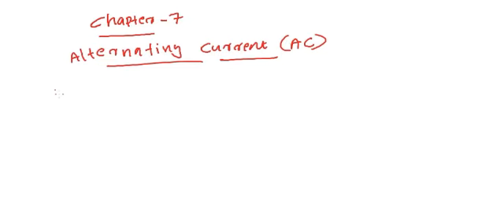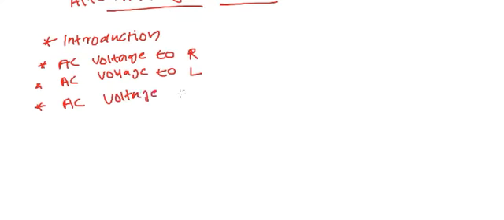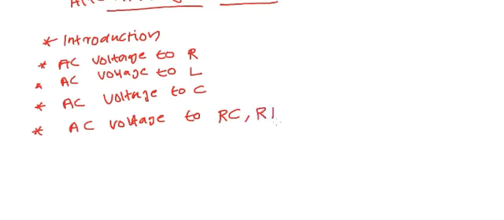In this chapter, first we are going to discuss the introduction, AC voltage to resistor, AC voltage to inductor, AC voltage to capacitor, and AC voltage to resistor-capacitor circuit, resistor-inductor circuit, and RLC circuit.